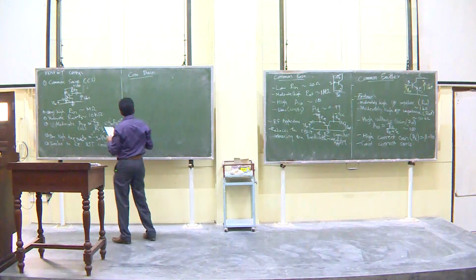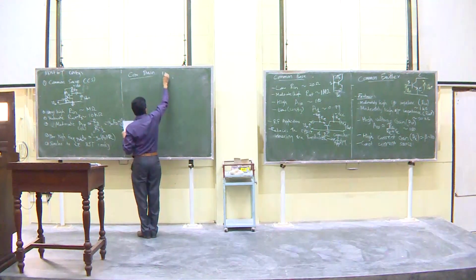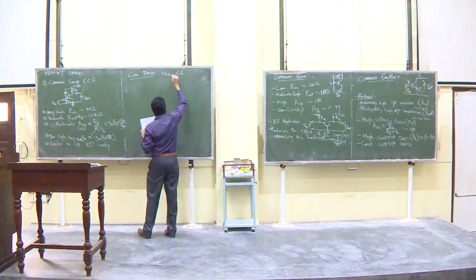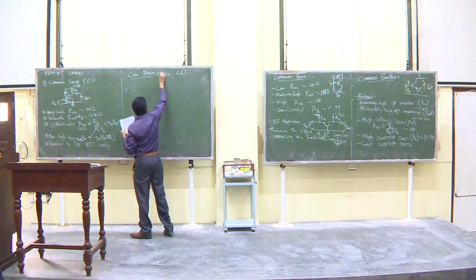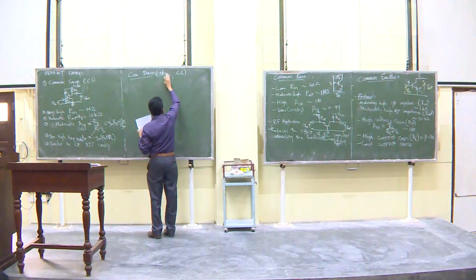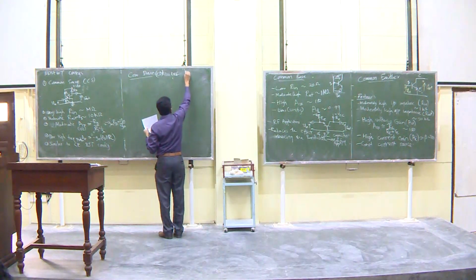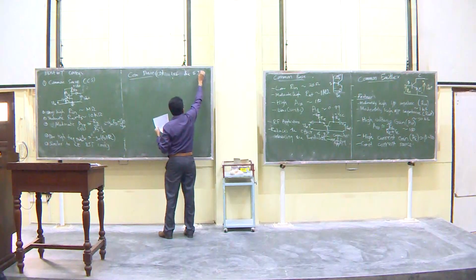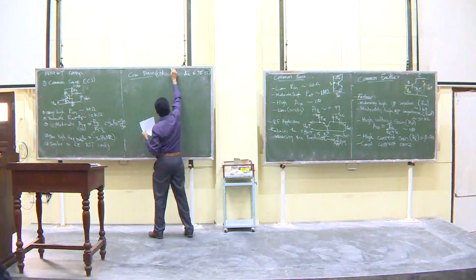amplifier. So common drain, just like common collector, right? So this is common drain, CD, like the BJT common collector, right?